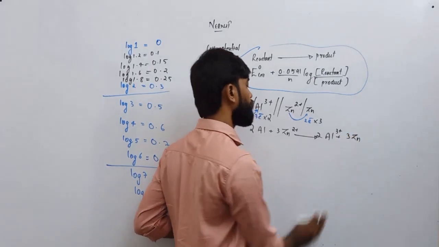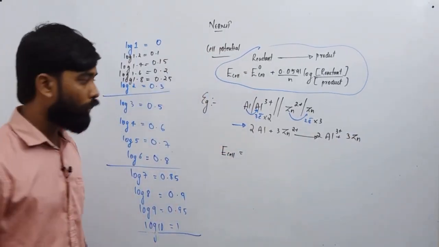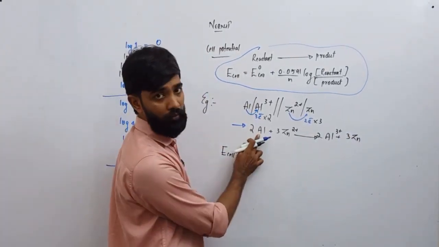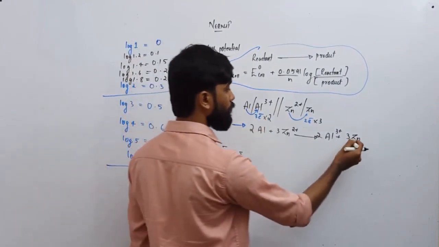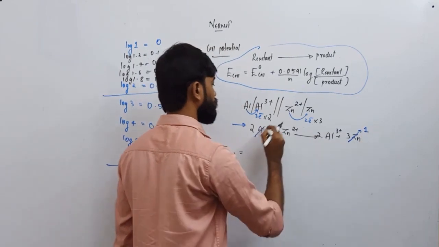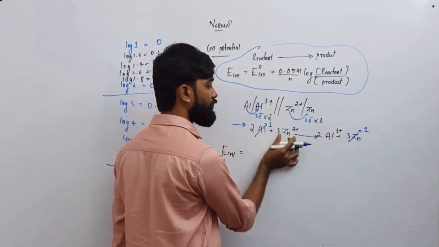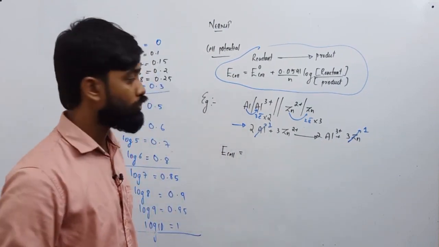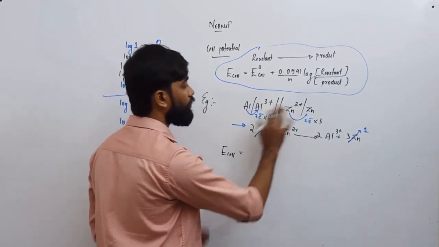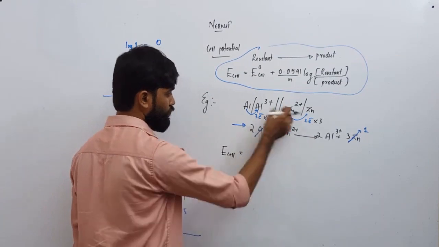Zn how much? 3. This is the reaction, right? For the reactants, this is a pure metal, concentration taken as 1. This is also a pure metal, concentration taken as 1. So the reactant is Zn2 plus, and the product is Al3 plus. So I'm okay with the reaction from your cell representation.